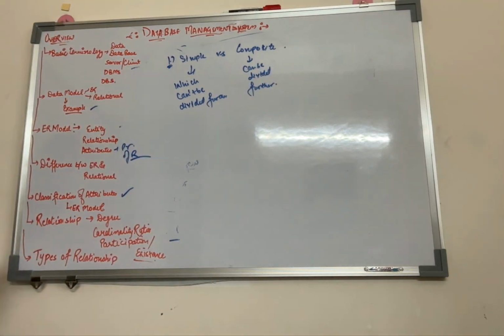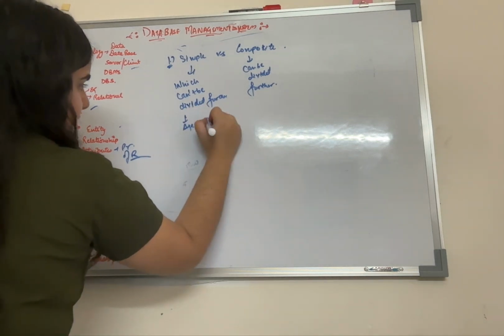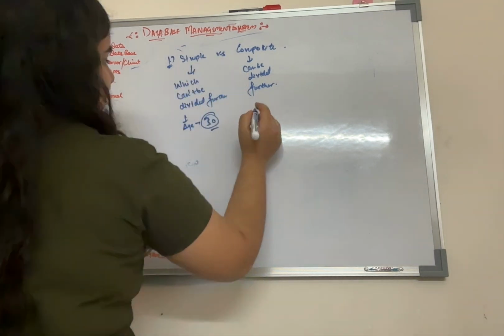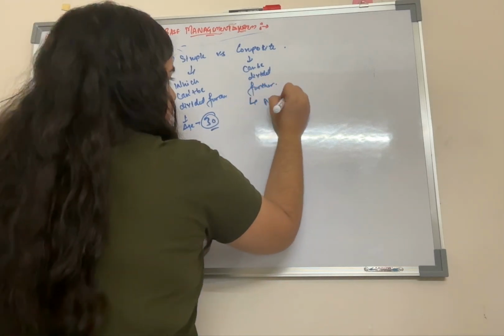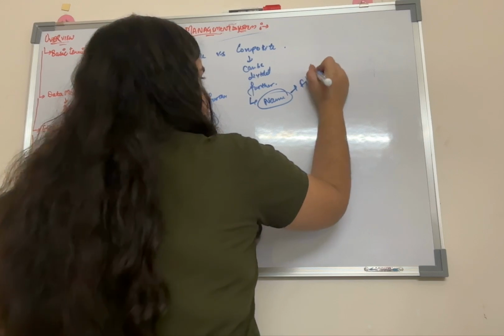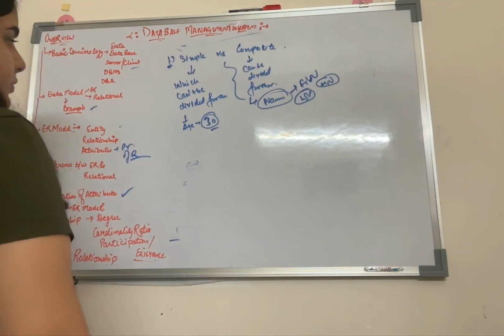Now you might ask, what does that mean? Let's say you have age. Age is just a number, right? And it cannot be divided further. So this is a simple attribute. And composite means, let's say you have name, and it can be divided into first name, last name, middle name. So this is a composite attribute.